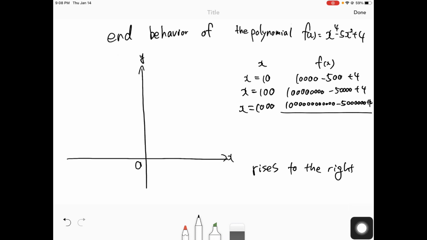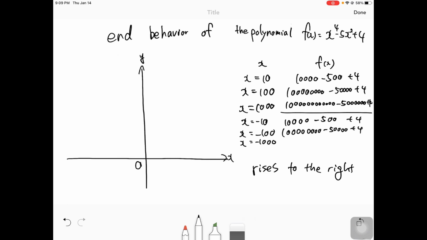Okay, then let's also find out when x is really small, negative 2. It's going to be the same, because the exponent is an even number. So yeah, a big number, negative 5 times a smaller number, plus 4.